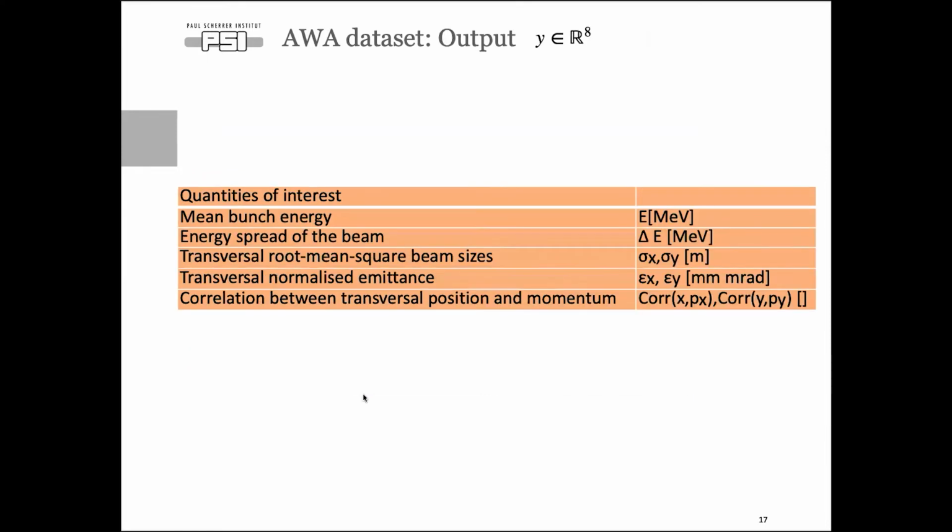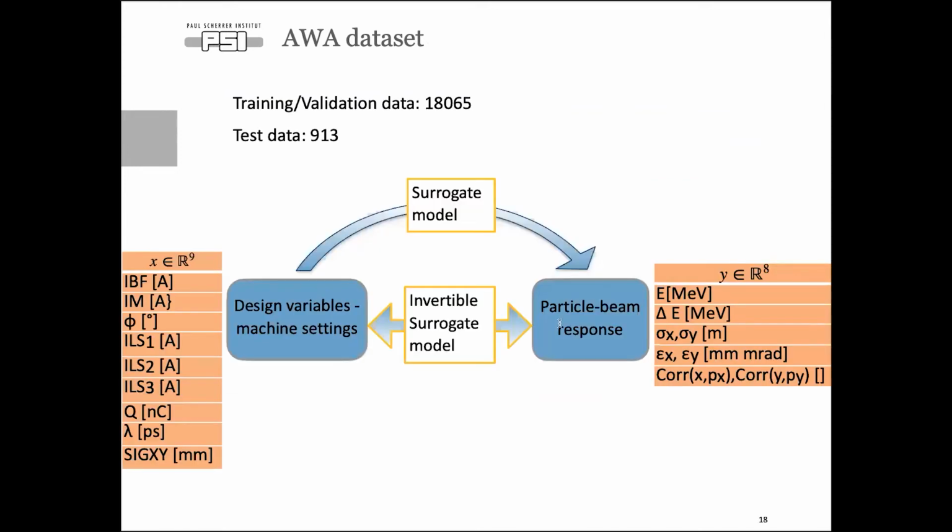And for the output, we had 8 variables: the mean bunch energy, the energy spread of the beam, transversal root mean square beam sizes, the transversal normalized emittance, and a correlation between the transversal position and the momentum. So in total, we had for the AWA data set 18,000 samples for training and validation, and 900 samples for testing that were created with OPAL.